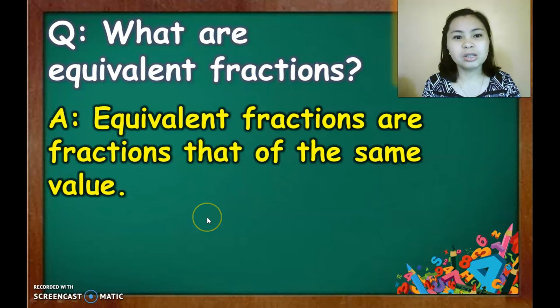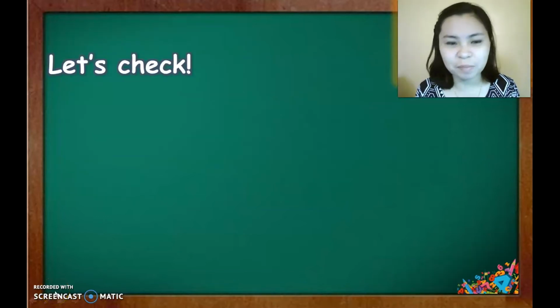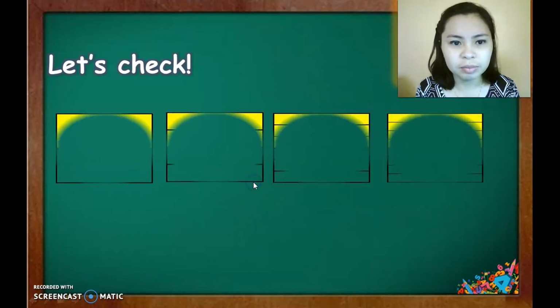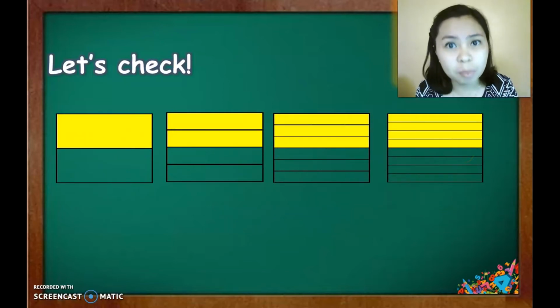Okay, so to help you understand the definition of equivalent fractions, let's have an example. In a diagram, I'm going to show you 4 pictures, and these are all divided into different equal parts.